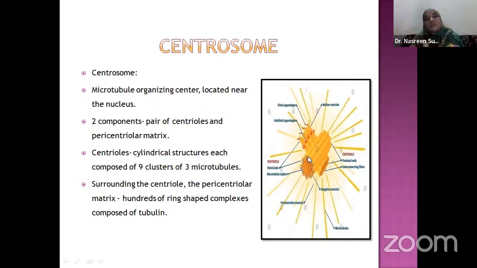So they are arranged like this, and surrounding the centriole there will be the pericentriolar matrix, which contains hundreds of ring-shaped complexes composed of tubulin.